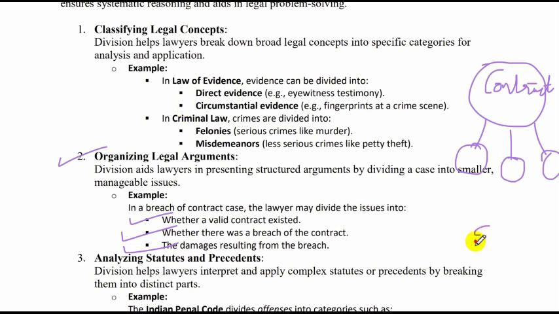So we have evidence, and then we have further subclassified as direct evidence and circumstantial evidence. In criminal law, we are further dividing it into felonies and misdemeanors.